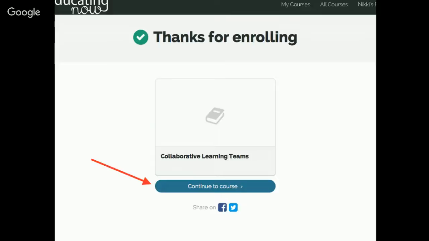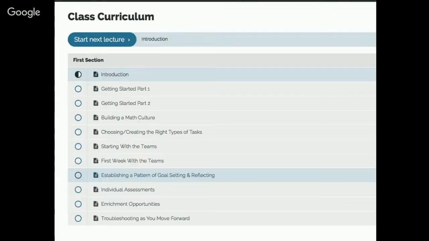The course is not like a university course. You can go at your own pace. The information is there for you, and you have access to it forever. It's video tutorials along with resources, lesson plans. There's the diagnostic, there's a poster in there, all sorts of goodies in there that will help you use these teams. Here is the lineup. There's actually one more added on since we took this screenshot. We have a formative assessment component in there now.